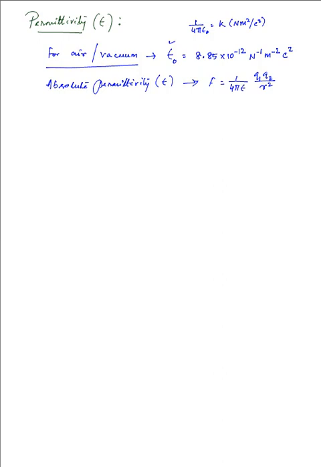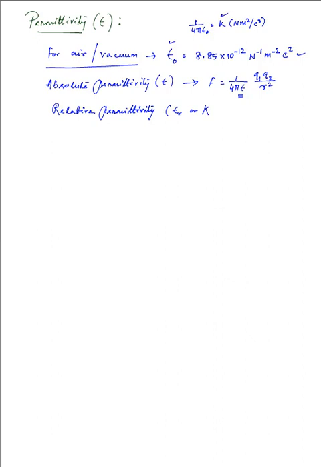So the absolute permittivity is the one that is there in that electrostatic force constant. And if we were to compare the permittivity of that medium with respect to this general standardized permittivity, that is of air or vacuum, then we relate them, and hence we call that relative permittivity. The term relative permittivity is sometimes also called the dielectric constant, usually represented with a capital K, not to be confused with the K that I have used over here.